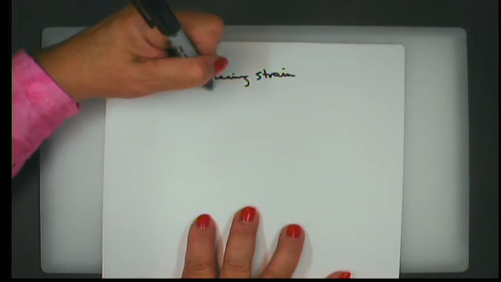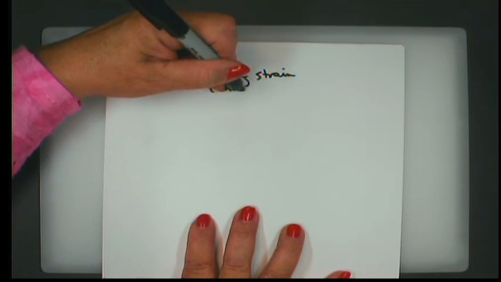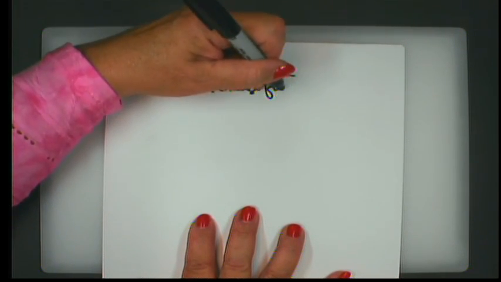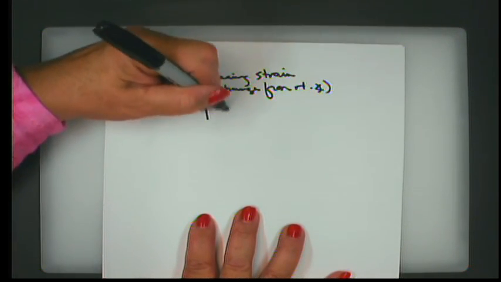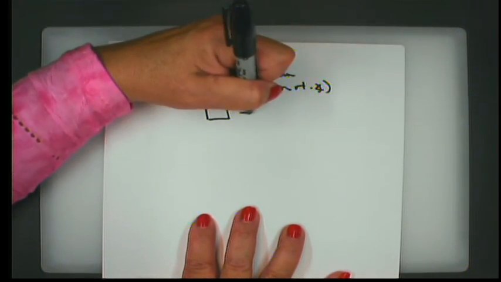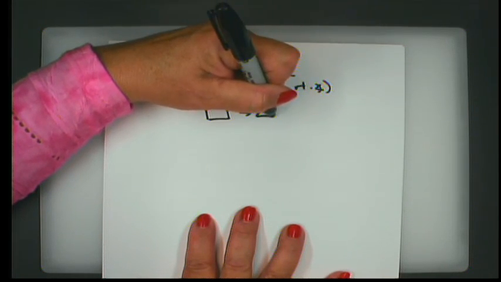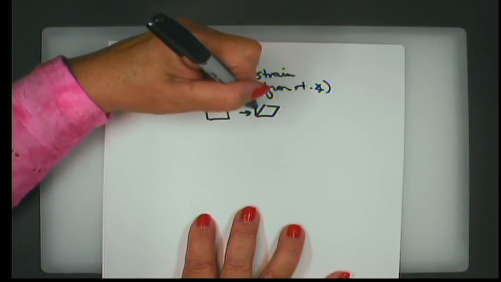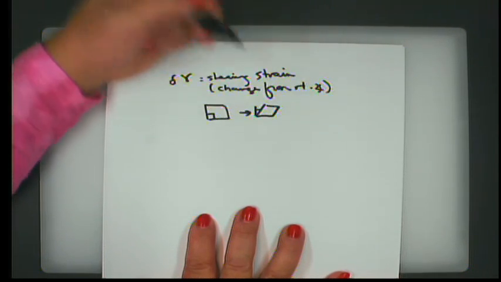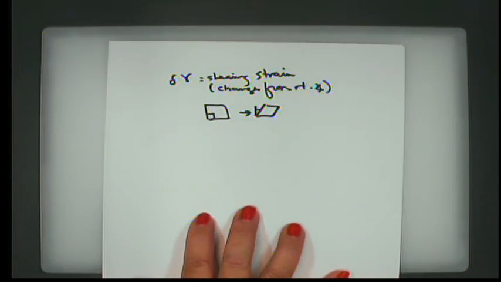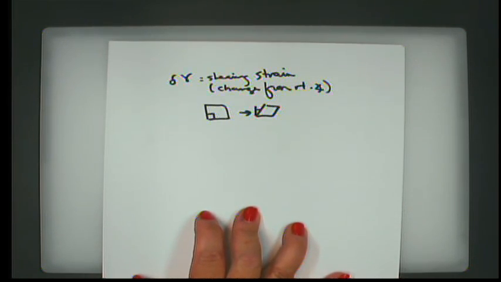And the way that we define it is change from a right angle. So that means that if the fluid element used to look like this, and now it looks like this, this is the original angle, and this is the change, right? So we define it in that manner.